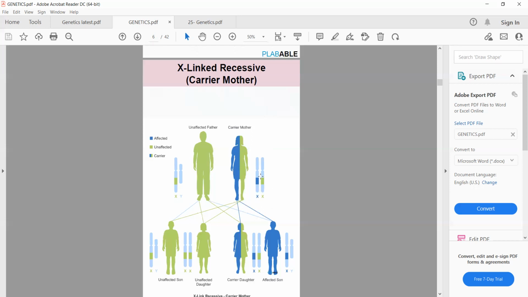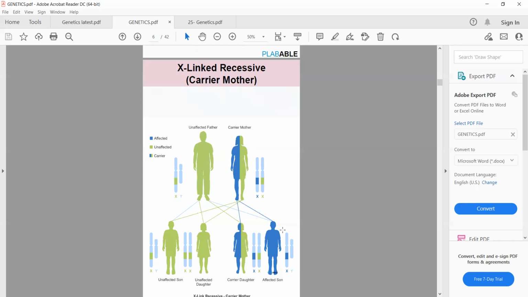So again, one son will get this recessive gene, and because the son has only one X chromosome, one recessive gene can cause the disease in males. One recessive gene can cause the disease in males, though two recessive genes are required to cause a disease in general.